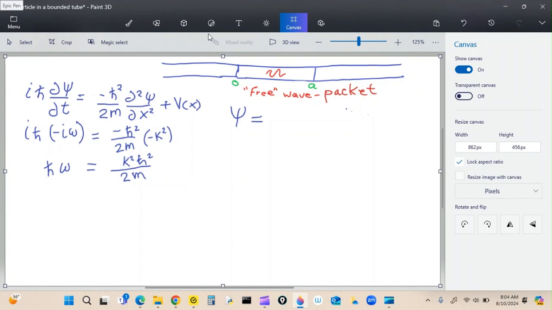This zero boundary, psi has to be zero. The A boundary, psi has to be zero. Well, there's a function that can be zero at two different points. And since I want to stick with waves, what's the simplest wave equation? The sine wave. So let's try this sine wave out here.